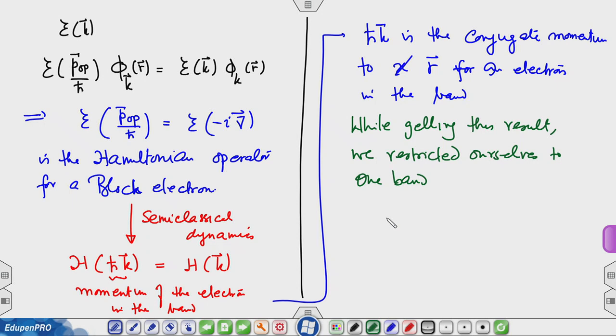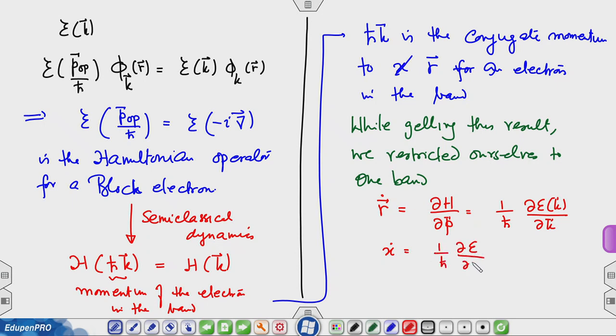And once I recognize this is the Hamiltonian operator, then I know from Hamiltonian dynamics that r dot is going to be equal to del H by del P, which is 1 over H cross del E k by del k, where writing vector means the derivative, the gradient operator, or this means x dot equals 1 over H cross del E over del k x, y dot equals 1 over H cross del E k over del k y, and z dot equals 1 over H cross del E k by del k z.